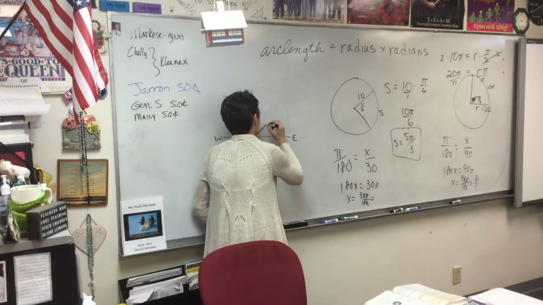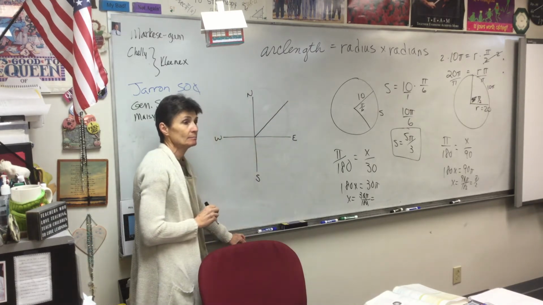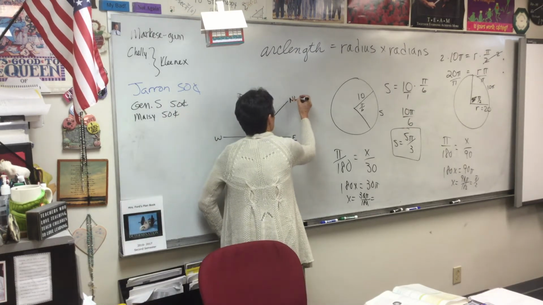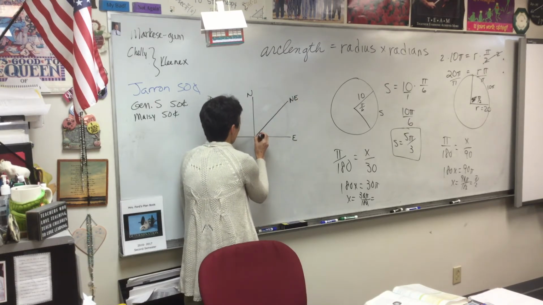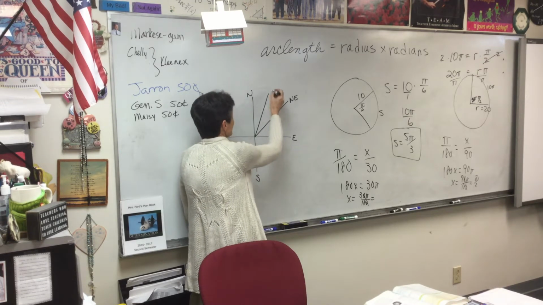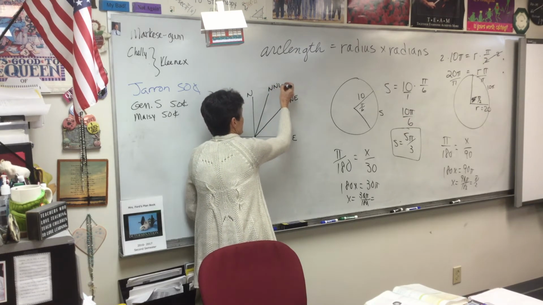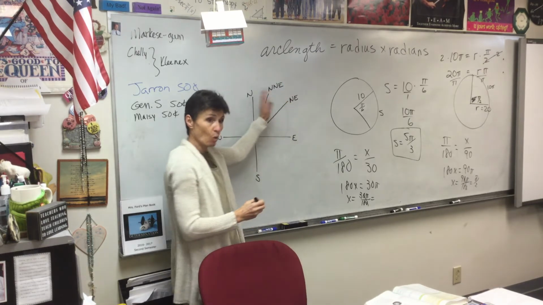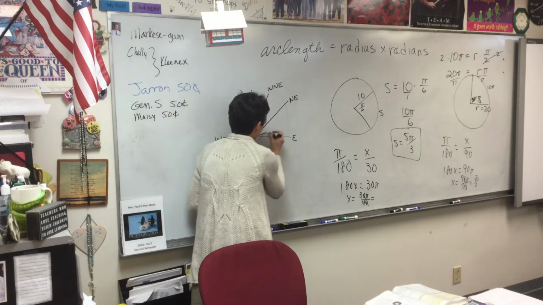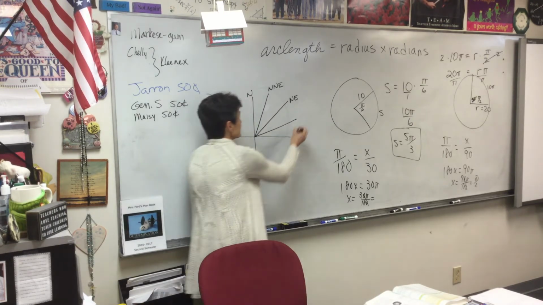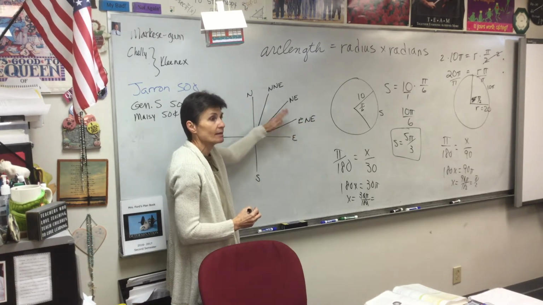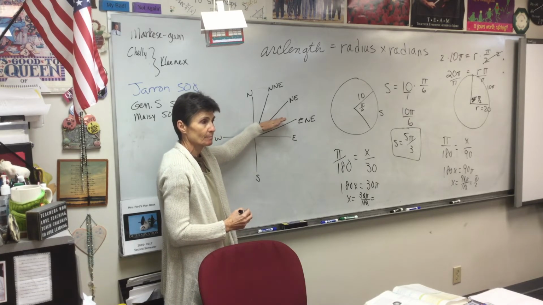If I draw a line right smack dab in the middle, that would be called northeast. If I draw a line and split this one, it is called north-northeast because it is on the north side of the northeast line. If I draw on this one, it is east-northeast because it is on the east side of the northeast line.